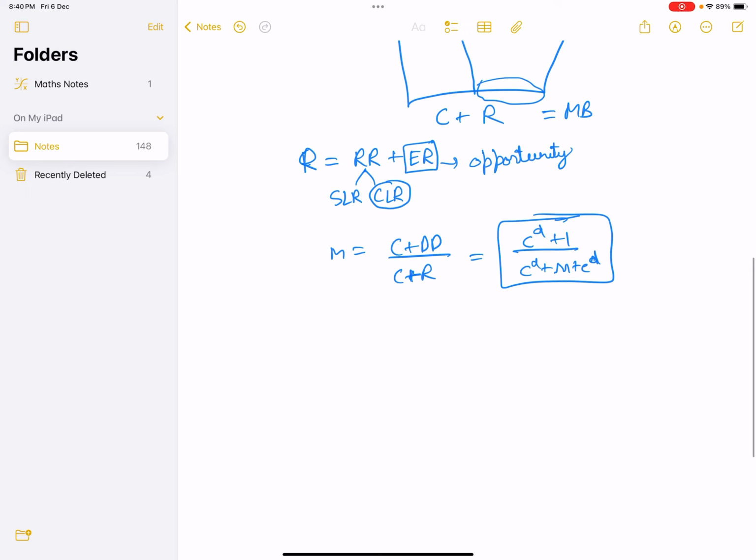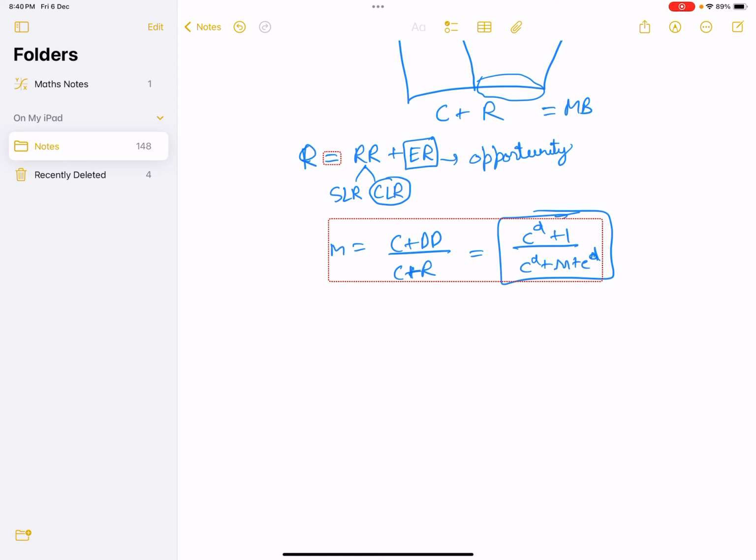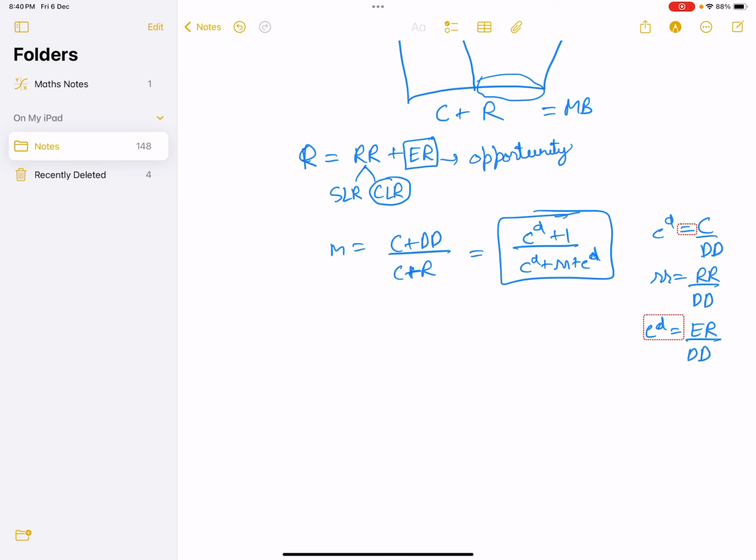Here CD is the currency to demand deposit ratio, RR is the required reserves to demand deposit ratio, and ED is the excess reserves to demand deposit ratio. Since all of them lie between 0 and 1, the value of the multiplier is greater than 1.